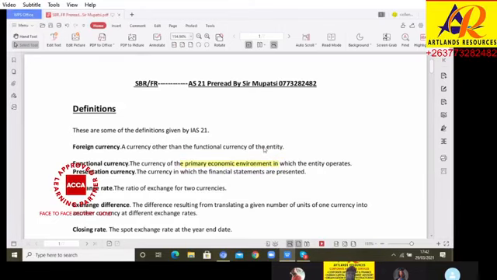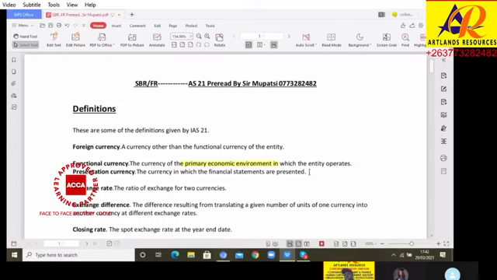Now, we do have what is called presentation currency, in other words, the currency in which financial statements are presented. According to IAS 21, an entity can present financial statements in any currency. Even if you are in Zimbabwe, you can prepare your financial statements in euros. Even if you are in SA, you can prepare them in US dollars.